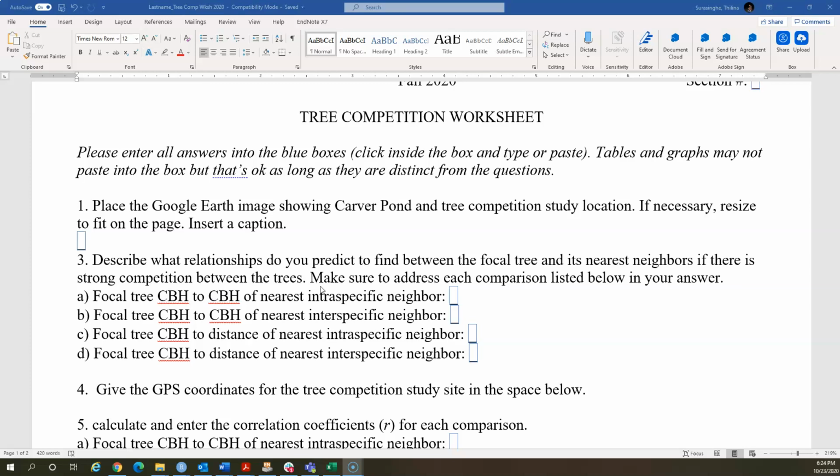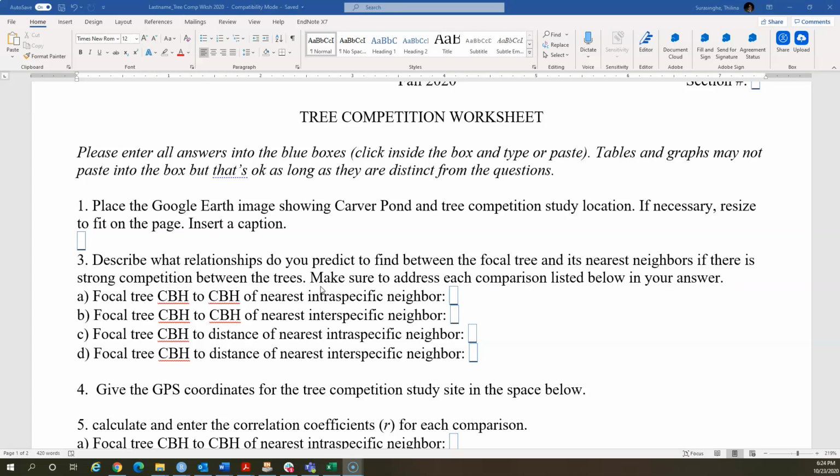Make sure your map shows the location of Kava Pond and the woodlot. Drop a pin by the woodlot and mark it as woodlot. You can also drop a pin by Kava Pond and mark that as Kava Pond. Then take the image, copy it over here and put a caption.